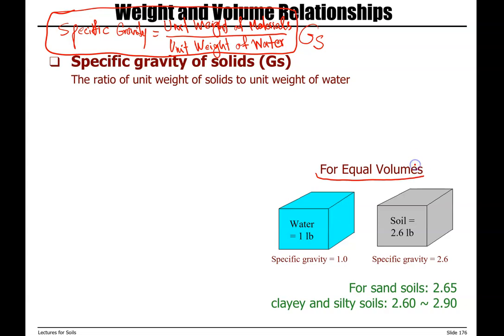So, if you have the same volume of two different materials, one being water, the other your soil sample, and the specific gravity of your soil is 2.6, it means that in the same volume, weight of soil is 2.6 times weight of water.